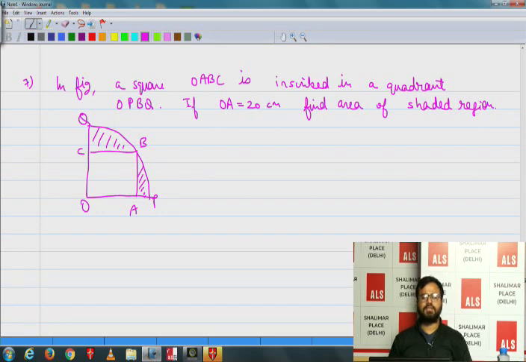It says that there is a square OABC, as you can see, inside which is inscribed a quadrant OPBQ, and OA is given as 20. We have to find the area of the shaded region.